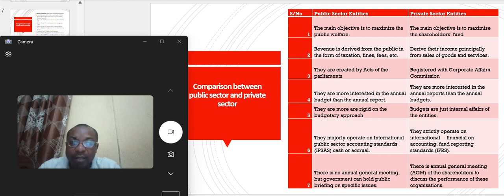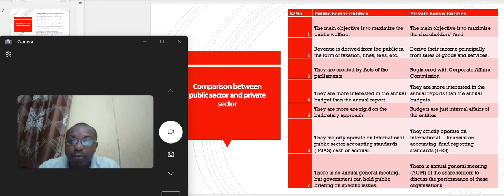But the main objective in the private sector is to maximize the shareholders' funds. The maximization of shareholders' funds entails two major things: the profit and the capital appreciation for the owners of the business.